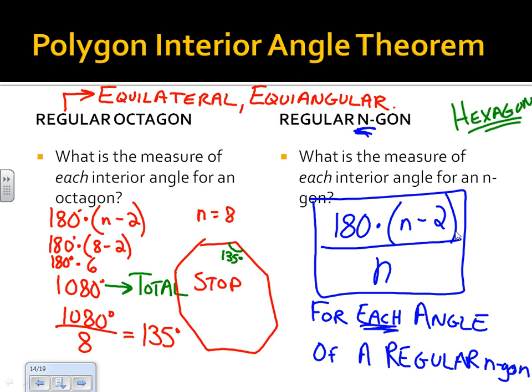So for a hexagon, what does n equal? 6. Good. You finished. What'd you get? You gotta keep going. n equals 6, but I want each angle. So you're gonna plug it in to find each angle.